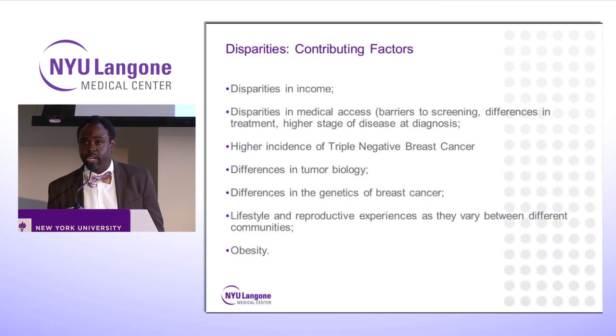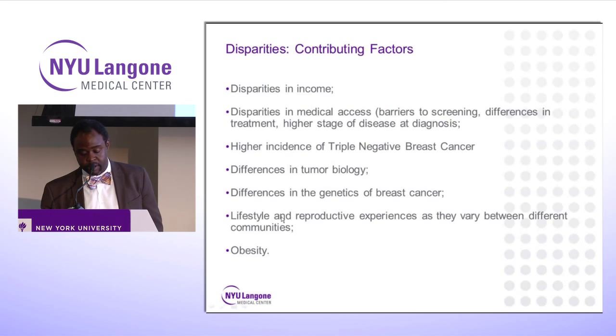It tends to hit women when they are younger. Also tends to recur more often. So it's a very deadly form of breast cancer that, unfortunately, black women tend to get significantly more than other groups.